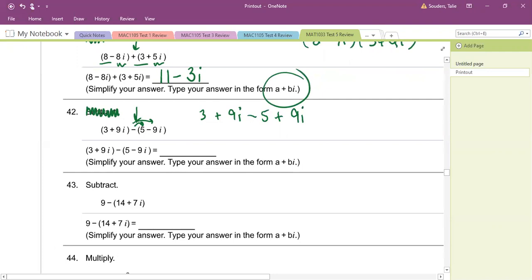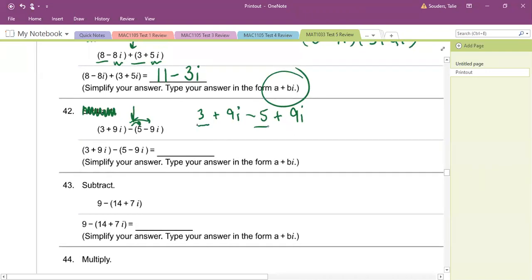But now you don't have to worry about what's going on. You're just combining like terms. So what is 3 minus 5? Negative 2. And then what is 9i plus 9i? Plus 18i. Exactly. And that would be your answer, negative 2 plus 18i.